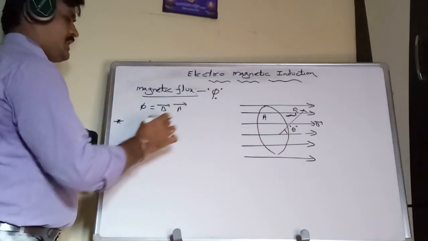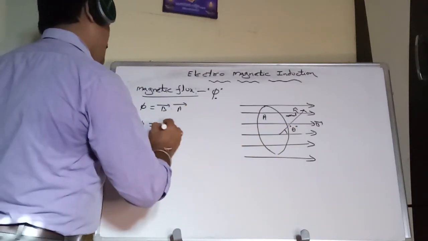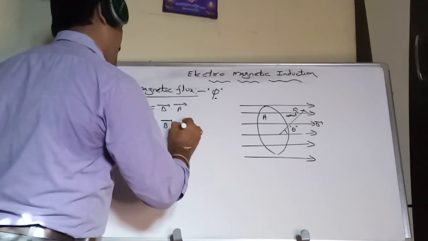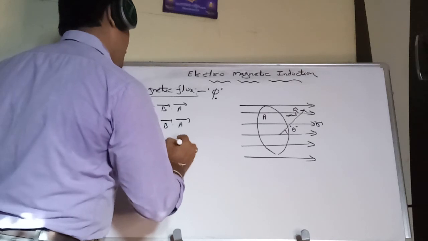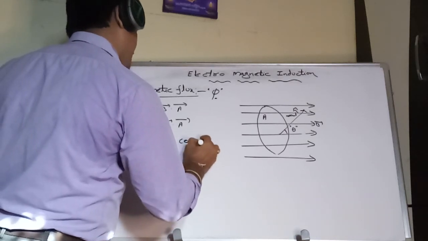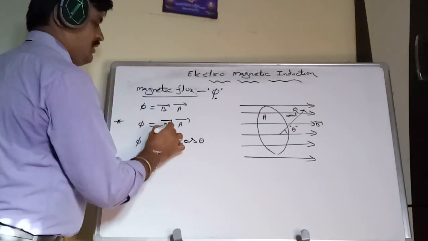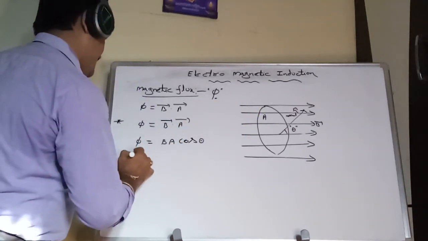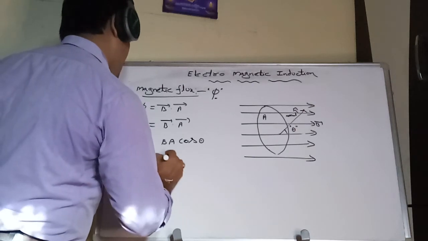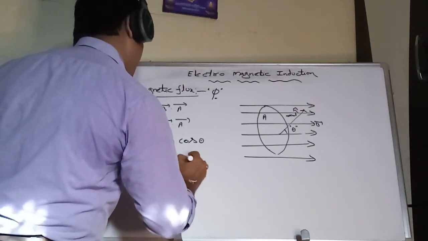The flux passing through it is phi equal to B bar dot A bar, so phi is equal to BA cos theta. For a coil with N windings, phi is equal to NBA cos theta.